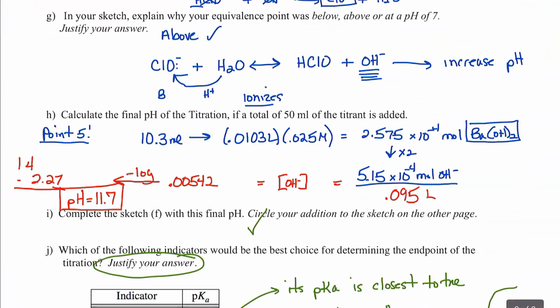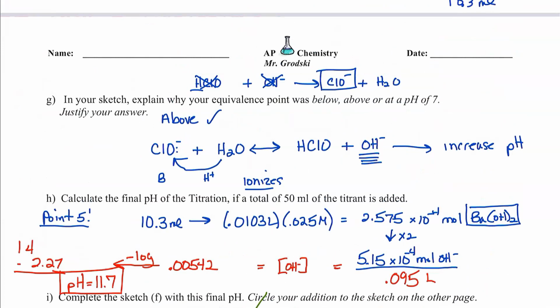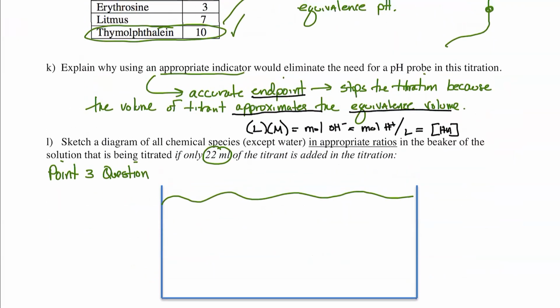And all I want you to understand is that I should see more conjugate what? What are we driving as we keep going? We're making more of this ClO- as we get closer to equivalence. When we get to equivalence, it's 100% ClO-. So I needed to see that ClO negative was in greater concentration than what? The conjugate acid. There's still some conjugate acid there, okay?